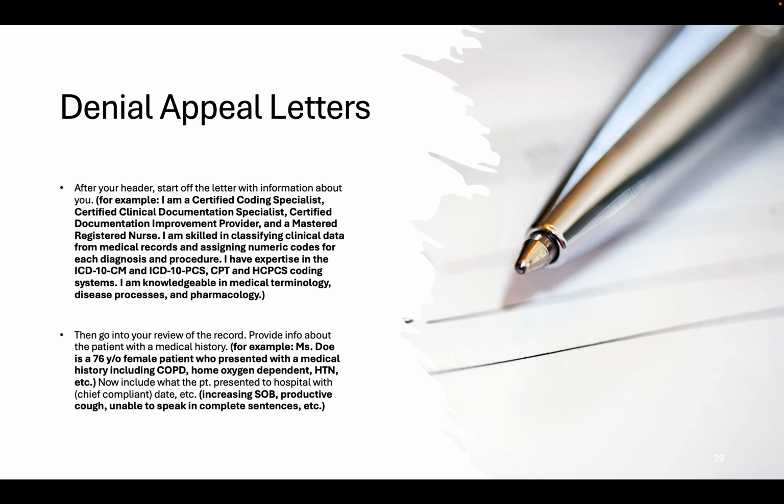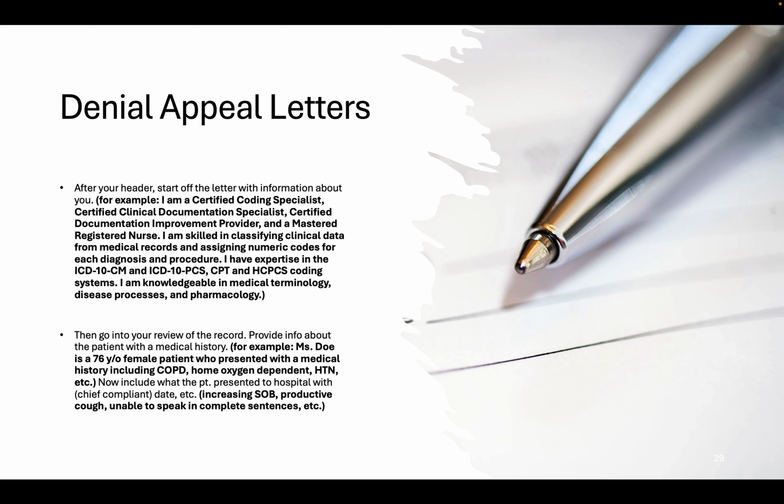Then you want to go into the review of the record. Provide information about the patient with the medical history. For example, Mrs. Doe is a 76-year-old female patient with a medical history including COPD, home oxygen dependent, hypertension, etc. Include what the patient presented to the hospital with, the chief complaint, the date, and anything else that supports it, such as increasing shortness of breath, productive cough, unable to speak in complete sentences.